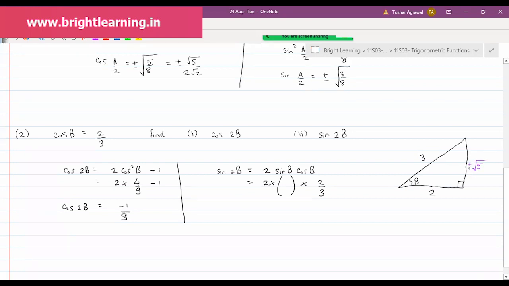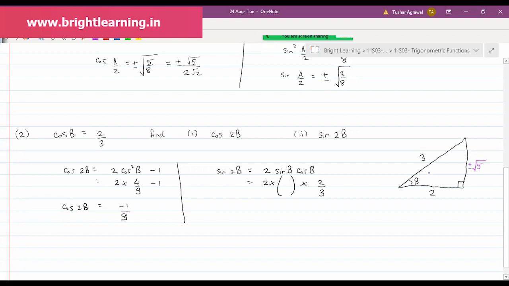It can be positive or negative. Why am I saying positive or negative? Because we don't know the exact value of b. Up to 10th standard we use this method just for acute angles, but now b can be in any of the 4 quadrants. Actually, b is in the first or fourth quadrant because cos is positive.